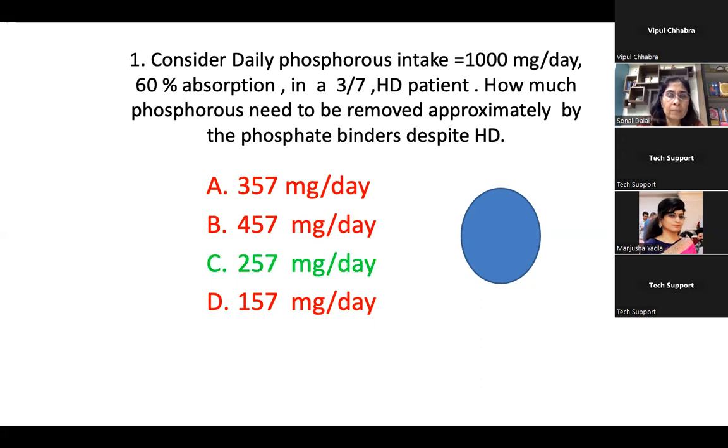The correct option is option C, that is 257 milligrams per day.